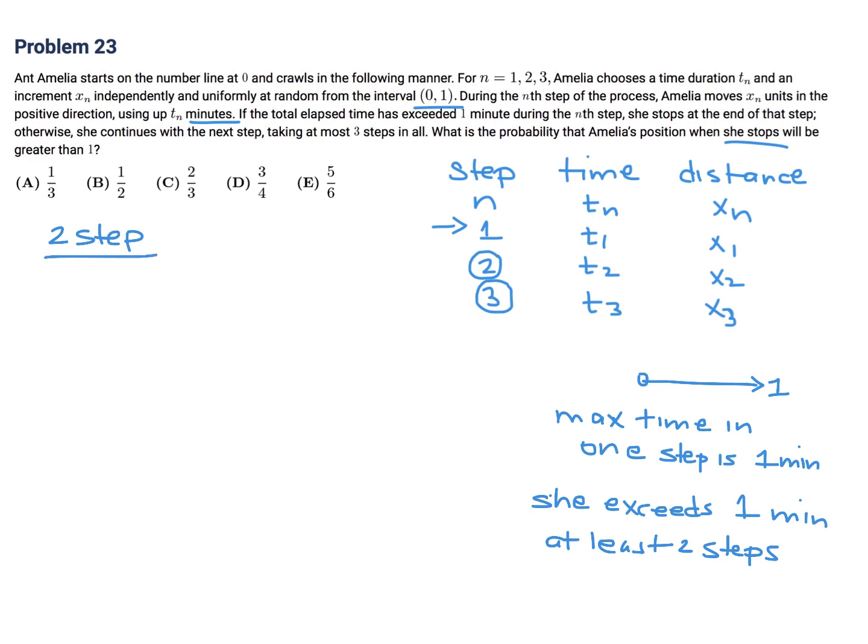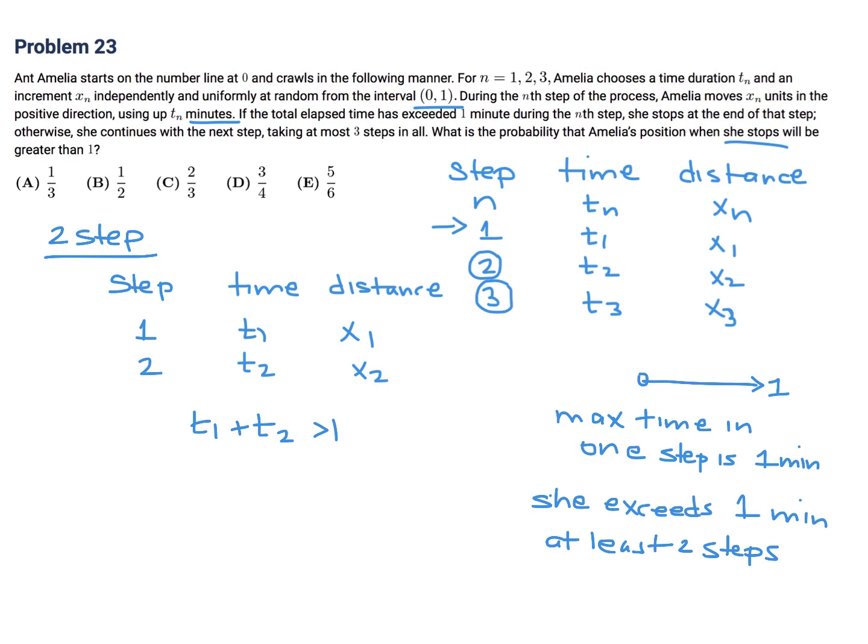Okay, so 2 steps, basically we have step, time, and distance. And this is step 1, step 2, T1, T2, X1, and X2. We basically want T1 plus T2 to be greater than 1. Okay, I got it.